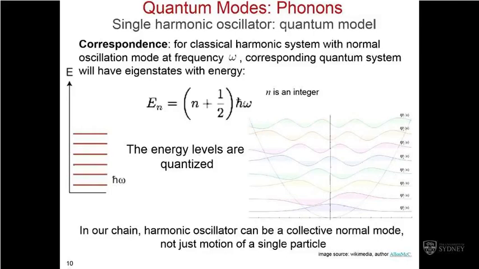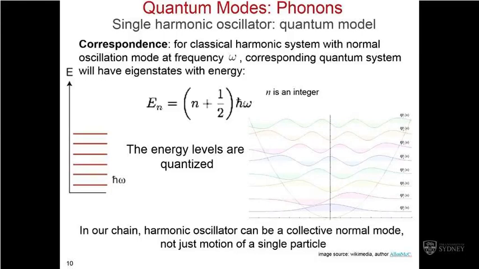If we have a normal mode at a certain frequency, like from our plot, we had a K point and a corresponding frequency, then the corresponding quantum system will have the following energies here. So this is our omega, which we get from our phonon plot before. But in this case, we will get many different energy levels where n is an integer.